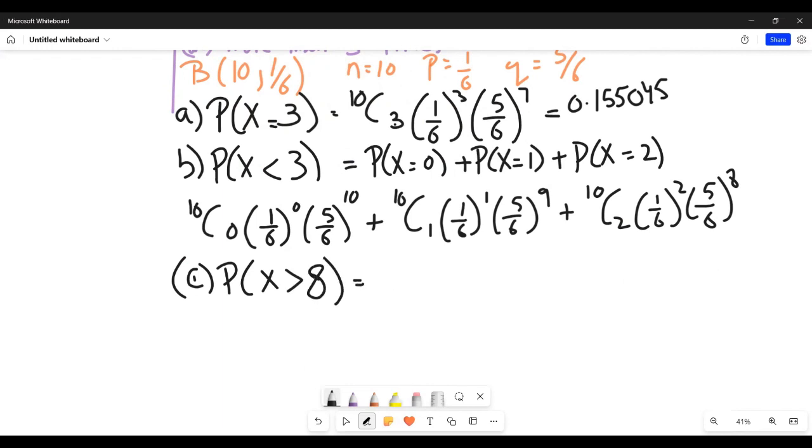That means either you get the 6s in 9 of the 10 rolls, probability x equals 9, or you get the 6s in all of the 10 rolls. So you have to find probability x equals 9 and probability x equals 10.